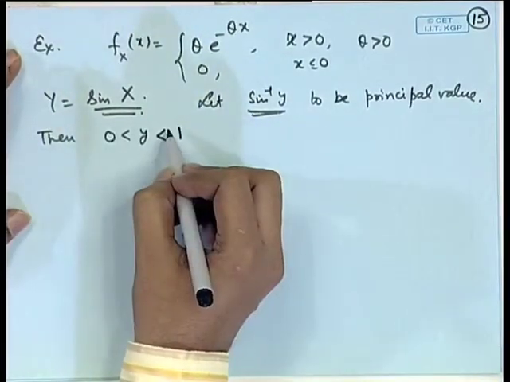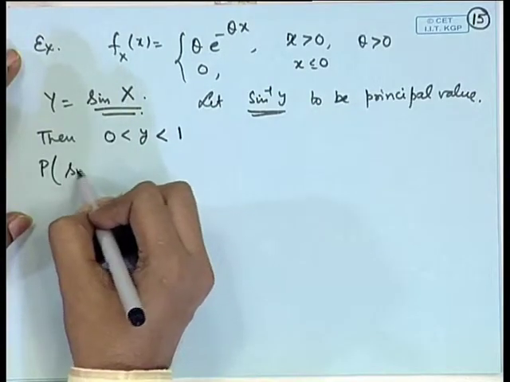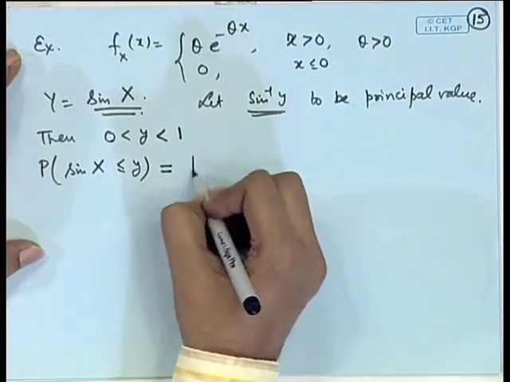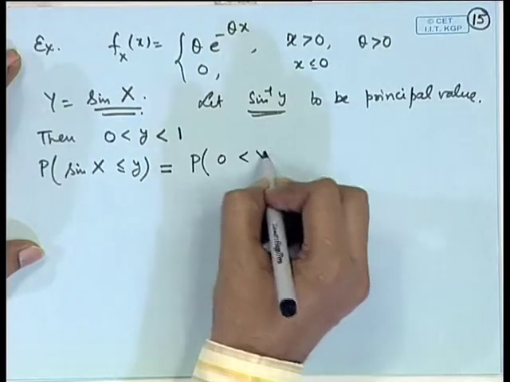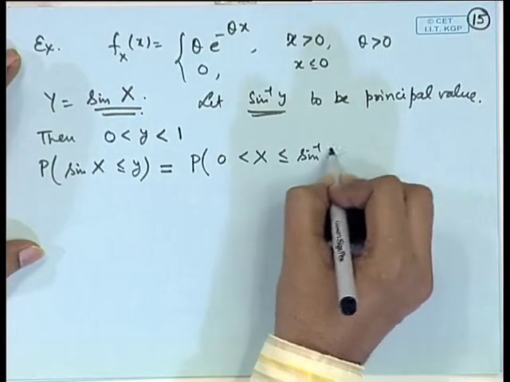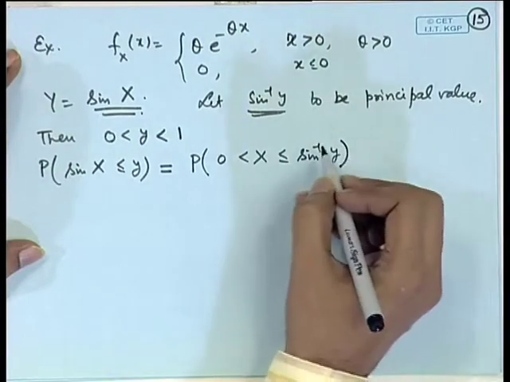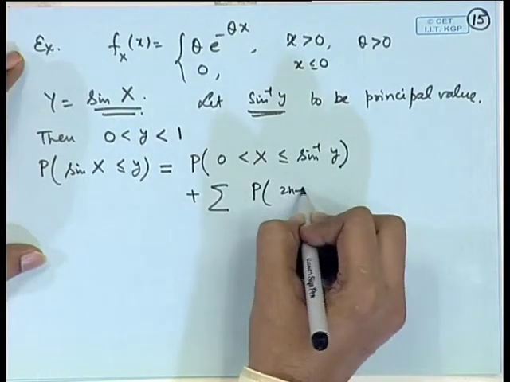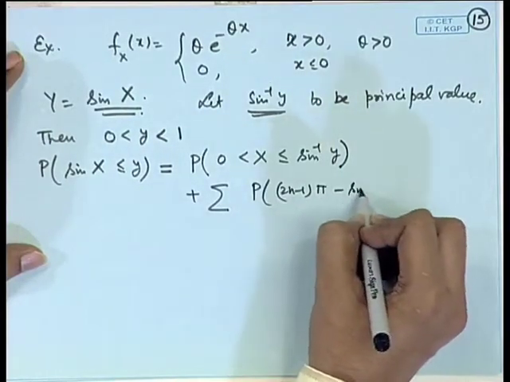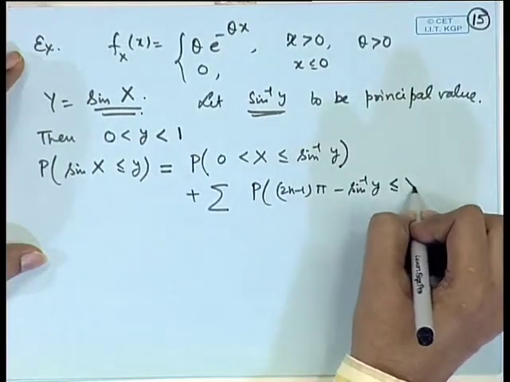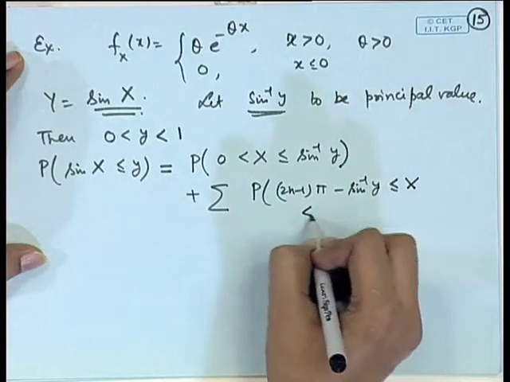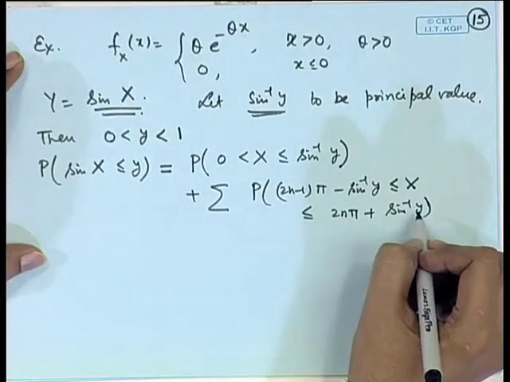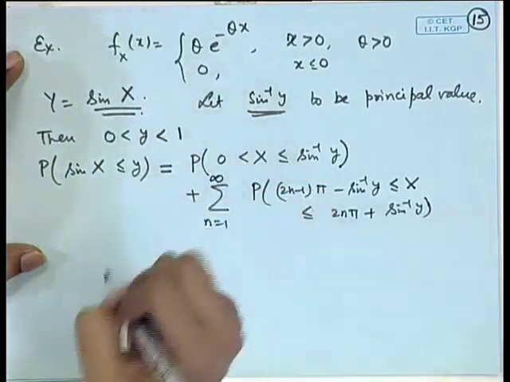So, if we take 0 to 1, then the probability that sin x is less than or equal to y can be expressed as the probability of 0 less than x less than or equal to sin inverse of y, where sin inverse is the principal value, plus the probability of 2 n minus 1 pi minus sin inverse y less than or equal to x less than or equal to 2 n pi plus sin inverse y, n is equal to 1 to infinity.